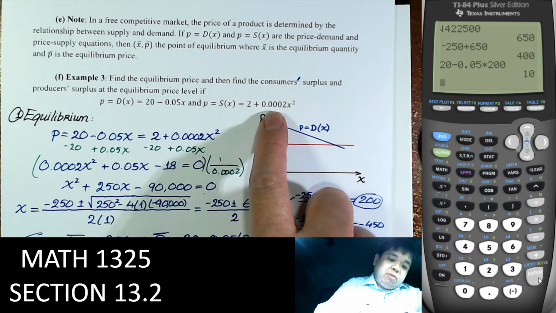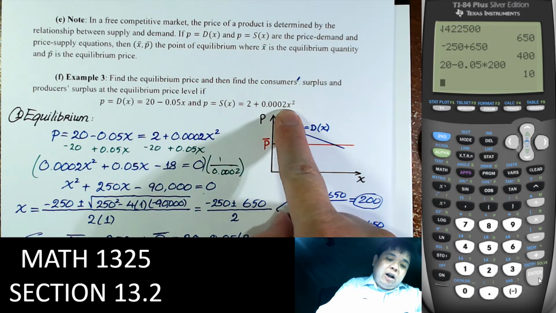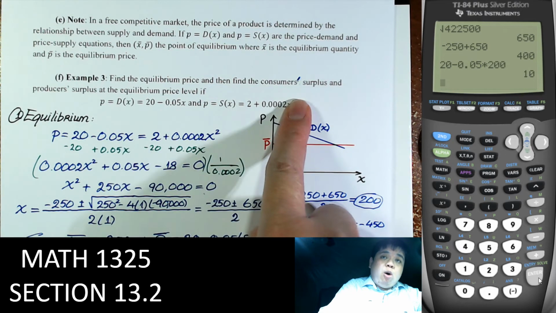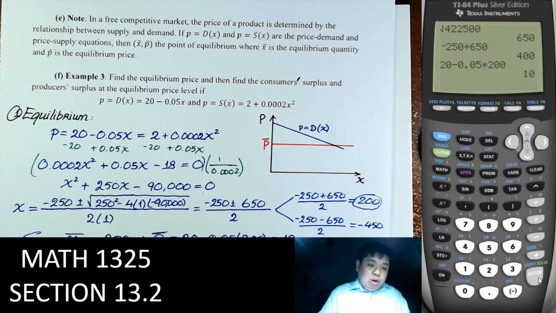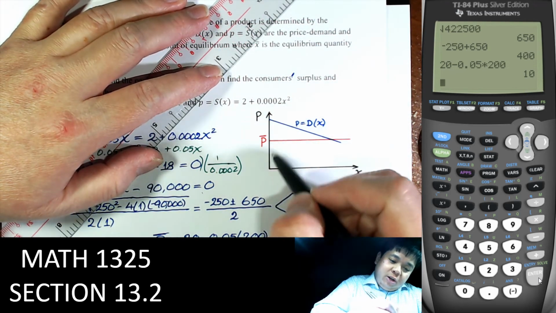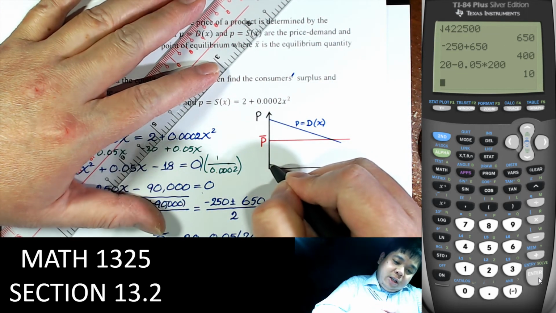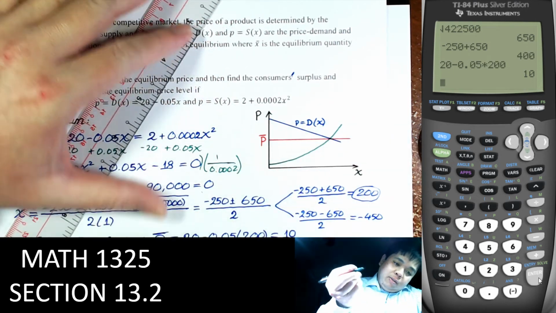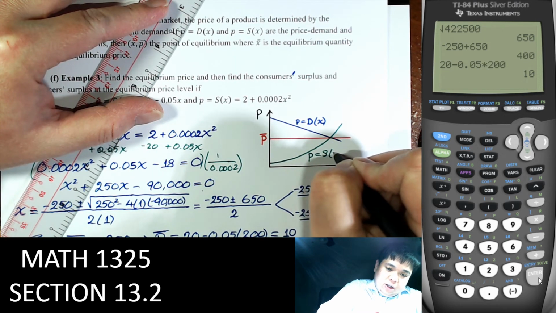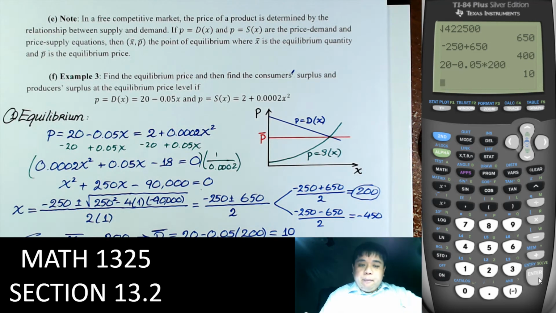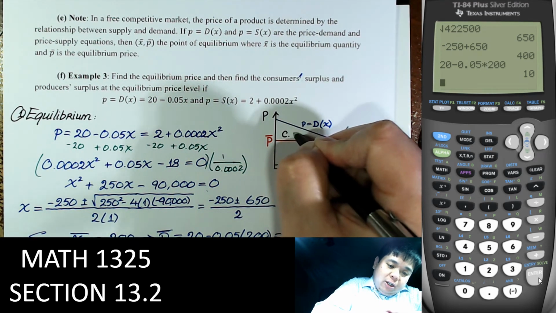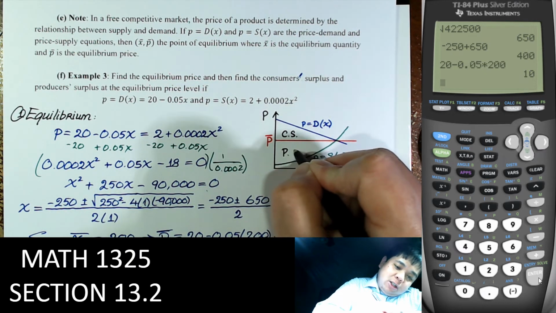The higher the quantity supplied, the higher the price. The higher the price, the more willing the producer is to supply. So when x equals 0, this equals 2, so it goes like this, and this is the supply equation. With that, we have the consumer surplus here and the producer surplus here.